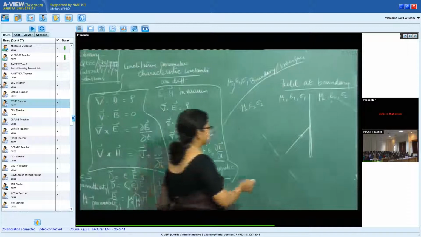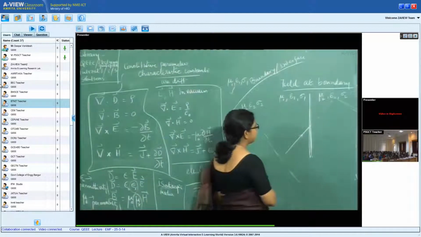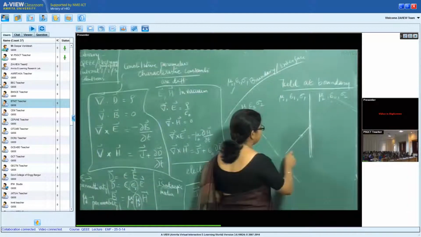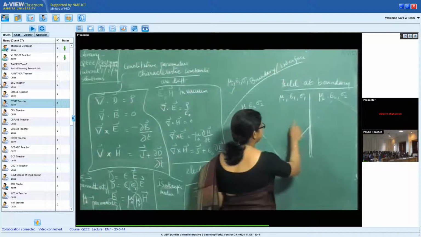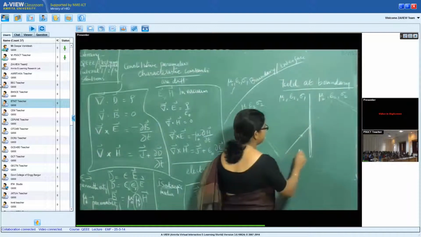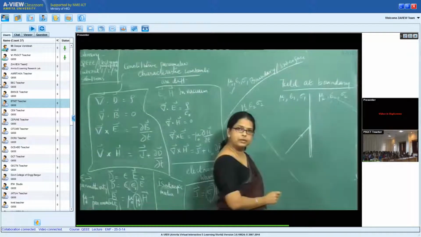To answer this, we resolve the applied electric field into two components.